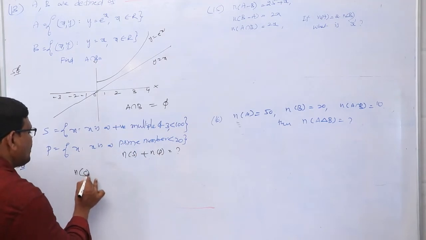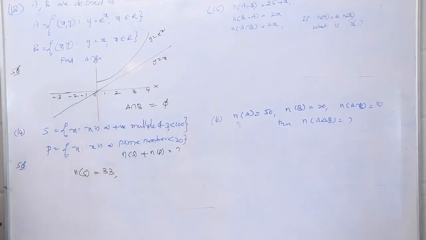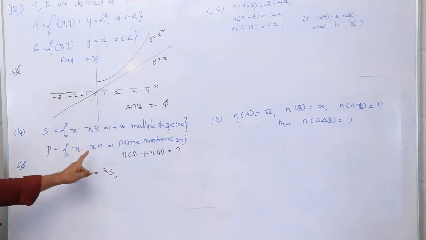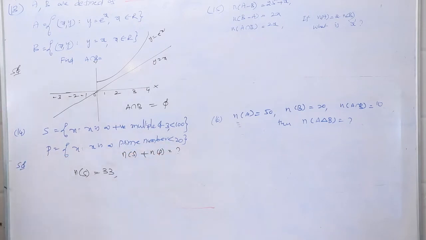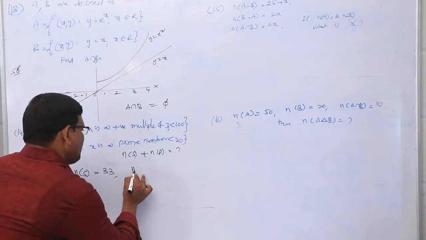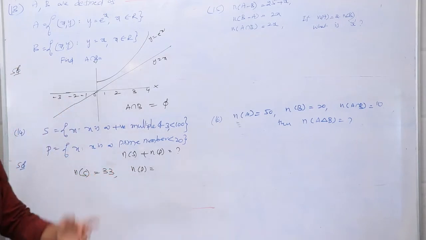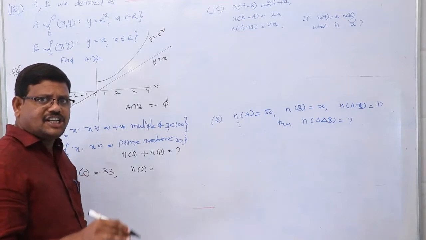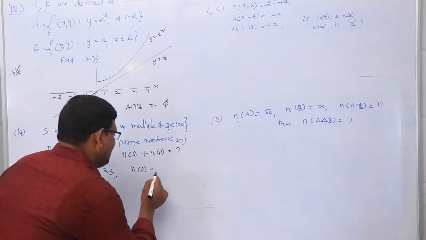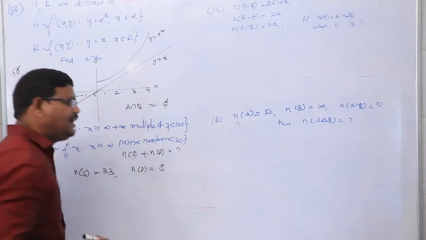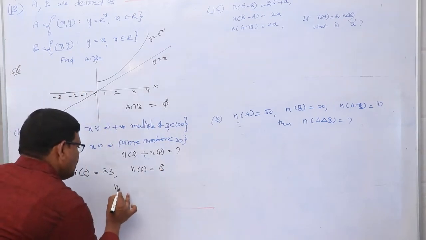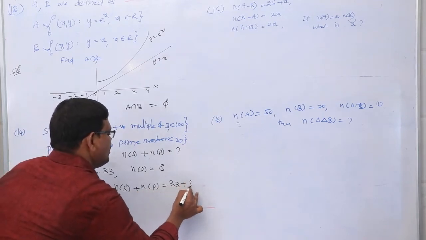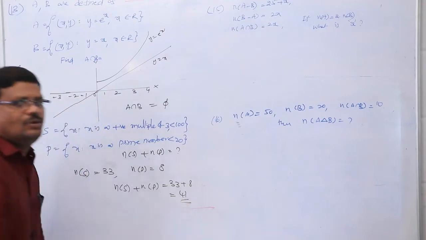Therefore, n(S) equals 33: 3, 6, 9, 12, in this way. And the prime numbers less than 20 are 2, 3, 5, 7, 11, 13, 17, 19, so n(P) equals 8. Then n(S) plus n(P) equals 33 plus 8, that equals 41.